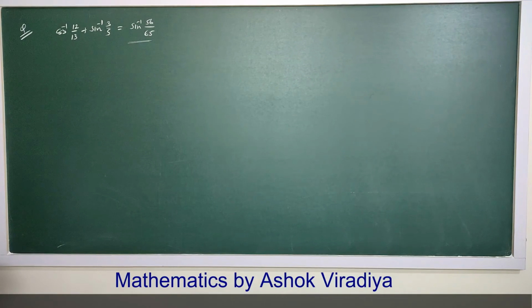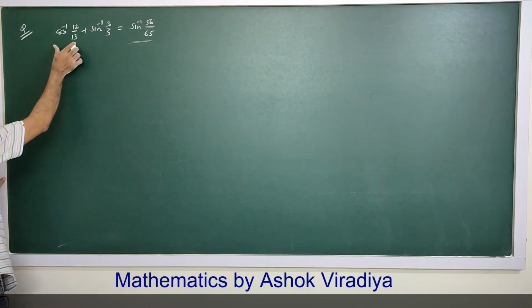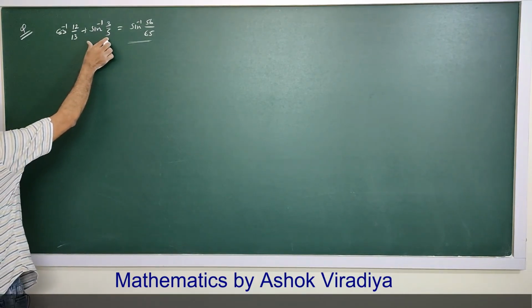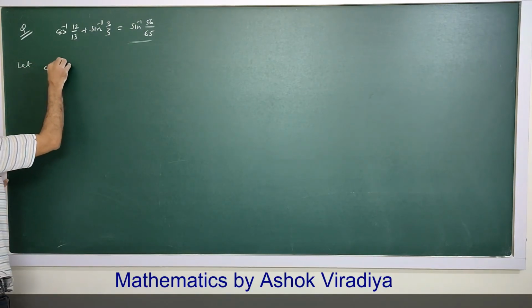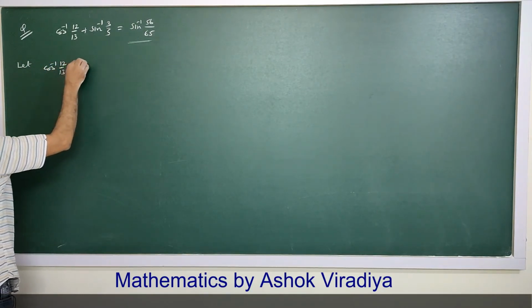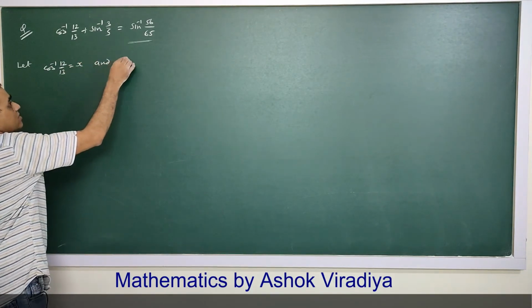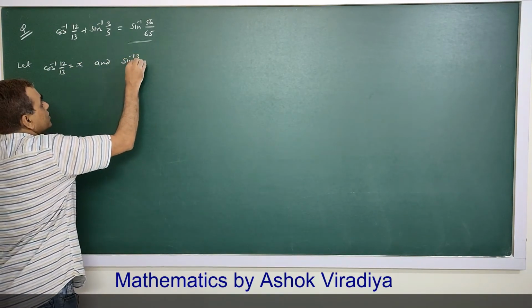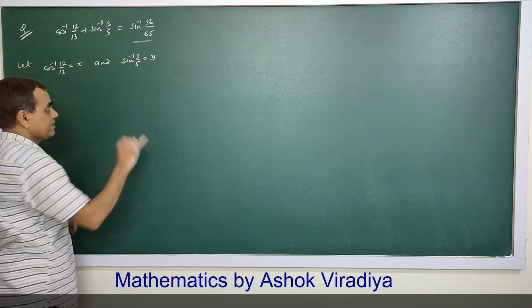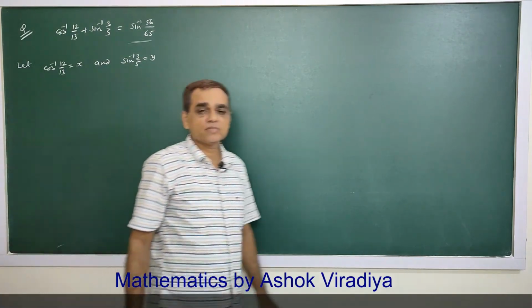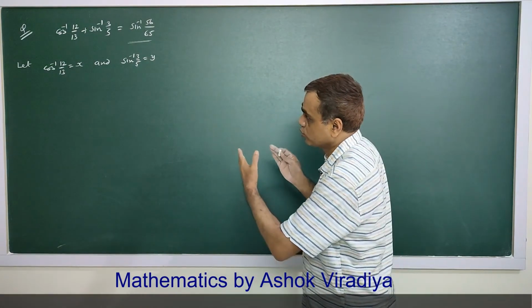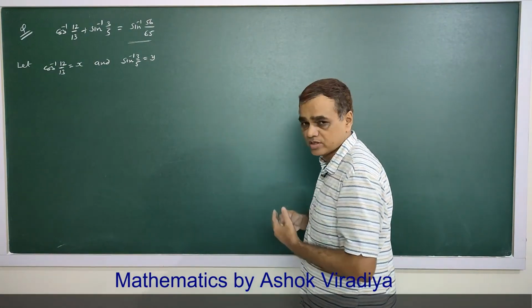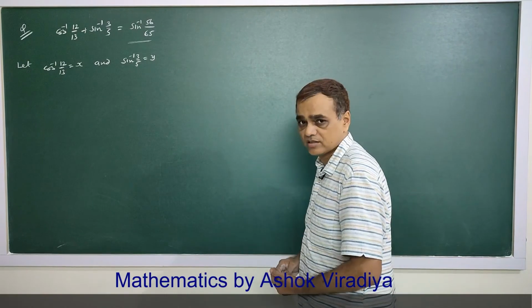So the method is, first of all, we suppose this number is x, this number is y. So let cos inverse 12 by 13 be x and sine inverse 3 by 5 be y. Now see how to determine the method, what to do, which formula will be used, which values are required.